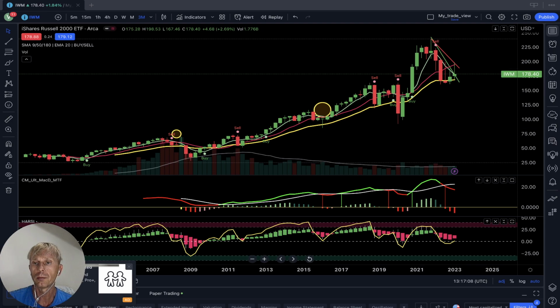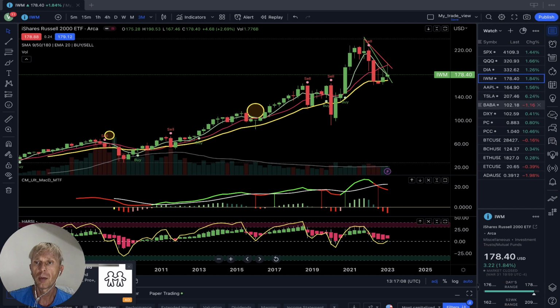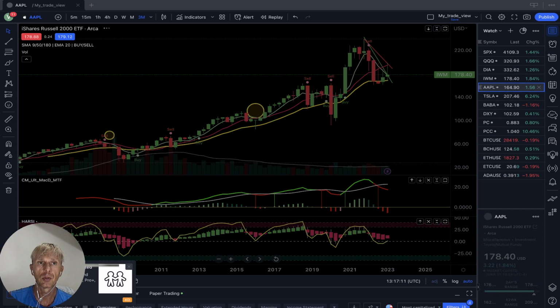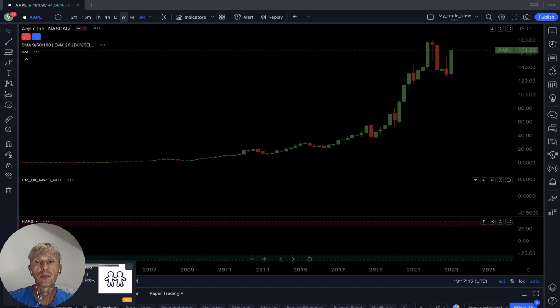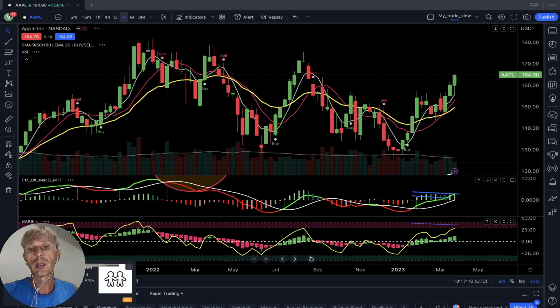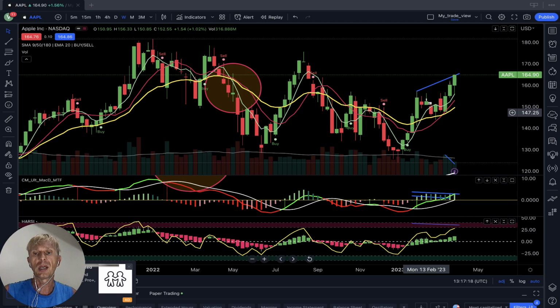Let's move to Apple. Let's see what's going on with Apple weekly time frame. Weekly time frame, Apple bullish signal on all indicators, right? Weekly Apple bullish on all indicators. Let's check monthly.